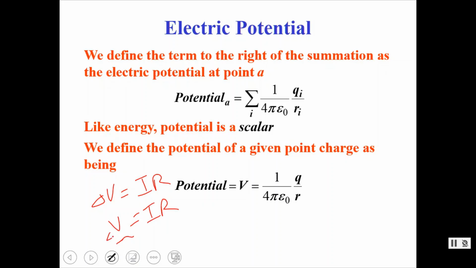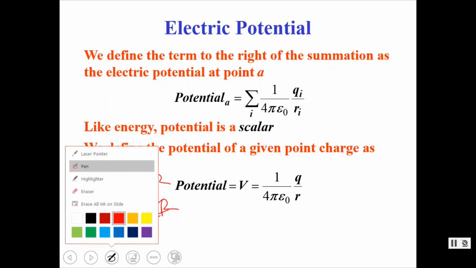It has to be a delta V, because it is actually a difference in potential. In order to have current, you have to have a difference in potential. So just be careful that you separate the difference between V and delta V very clearly in the work you do, because it does make a difference.